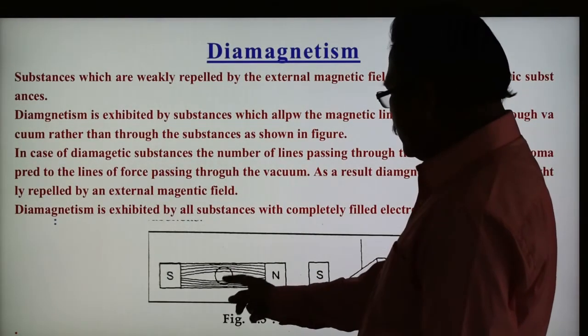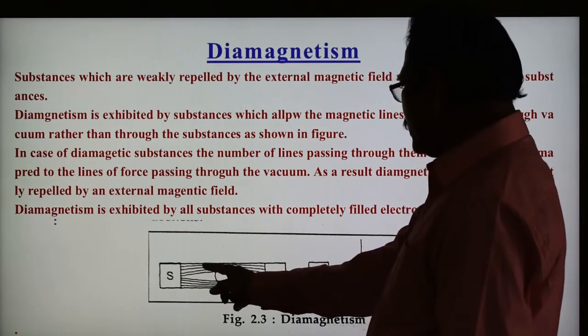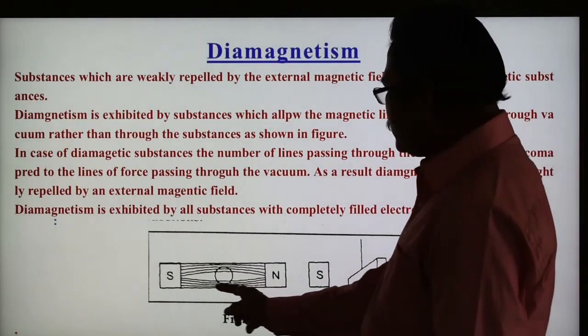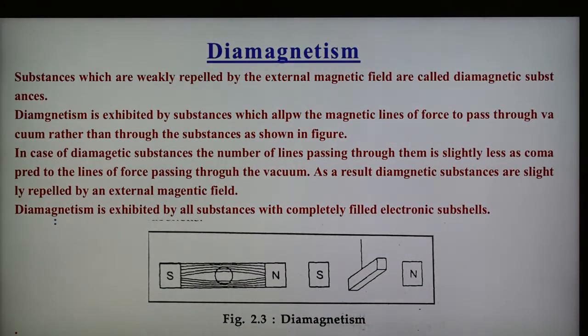The circle shown is the substance, and the magnetic lines of force pass through the vacuum. See here, the maximum lines of force pass through the vacuum instead of through the substance. This is because there is no unpaired electron, there is no attraction, there is a repulsion, and because of that a very large number of magnetic lines of force pass through the vacuum and not through the substance.